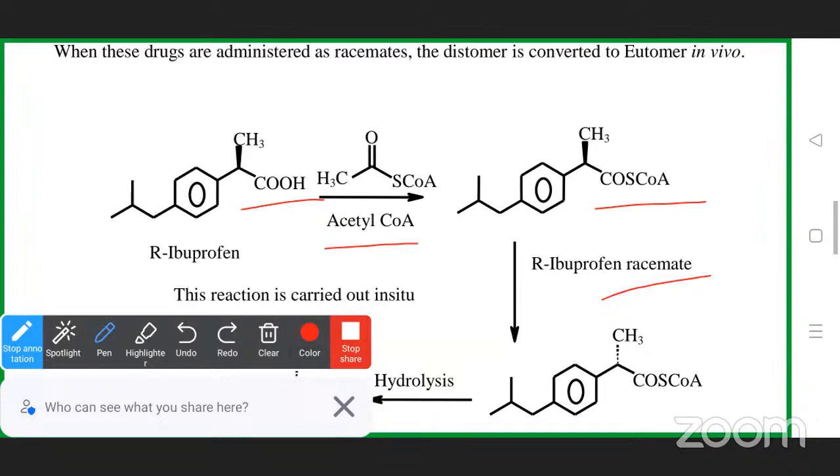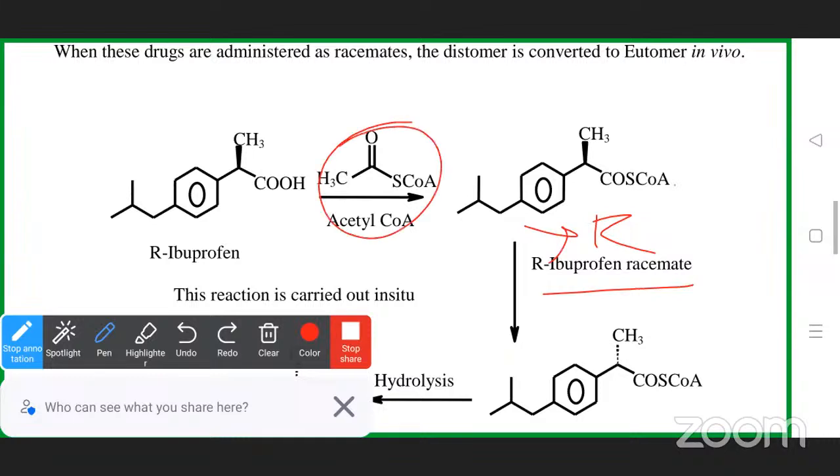Here the inversion of the stereochemistry is taking place. For example, here is the R configuration, and in the presence of this racemase, which is the engine, with the coenzyme here, the stereochemistry inversion takes place.